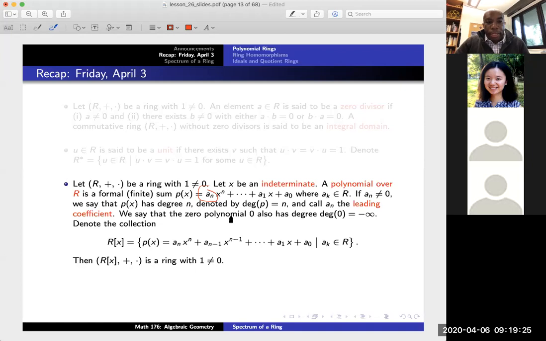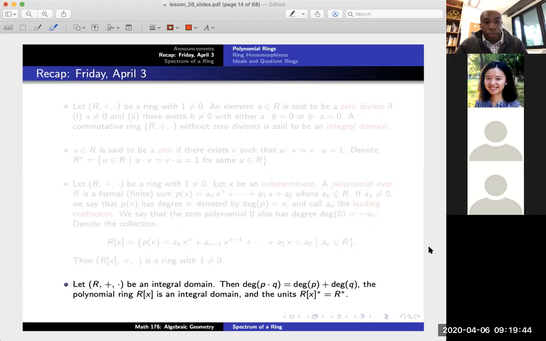If all of the coefficients are 0, so that we have here the zero polynomial, we're simply going to say that the degree is negative infinity. And I'll try to say why in just a minute, why we make this definition. So the collection of all such polynomials actually forms a ring with identity, but the main thing to remember is the following result.